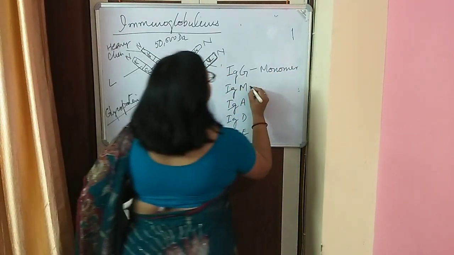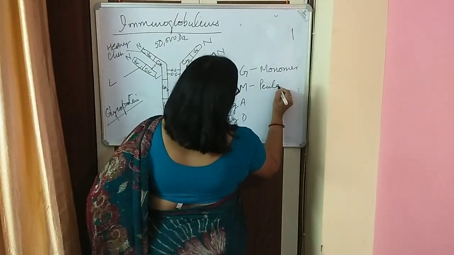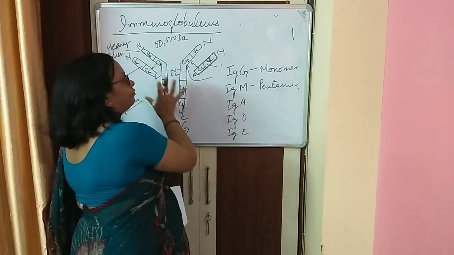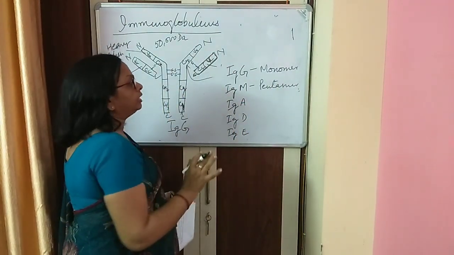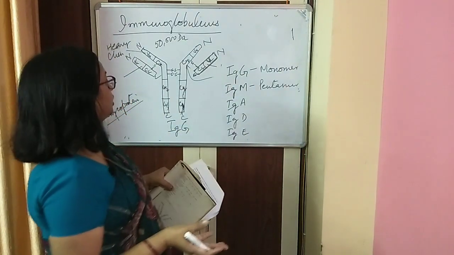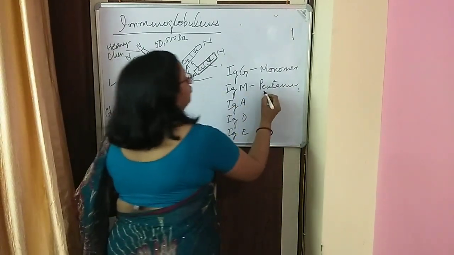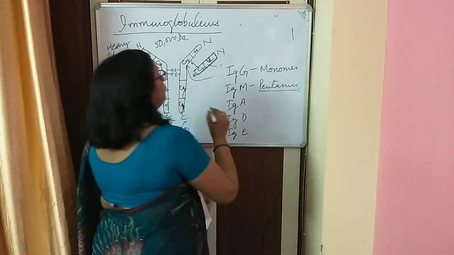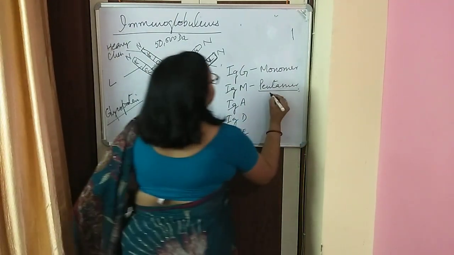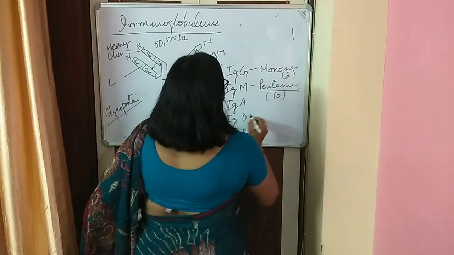This is a monomer, and IgM is a pentamer. So 5 structures unite together, and whenever they are in the circulation and have to encounter antigen, they will always be in the form of pentamer. So their valency, how many antigens can bind to the IgM? 10 antigen molecules. Here valency is 2.